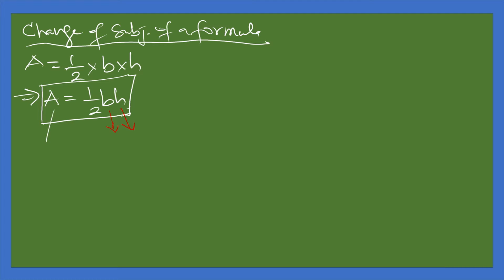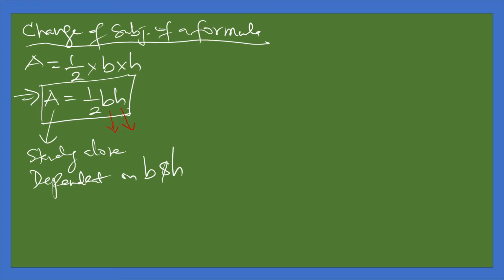Now, A is standing alone. That is one of the characteristics of A as the subject of this formula. And A is also dependent on B and H. So that is the meaning.